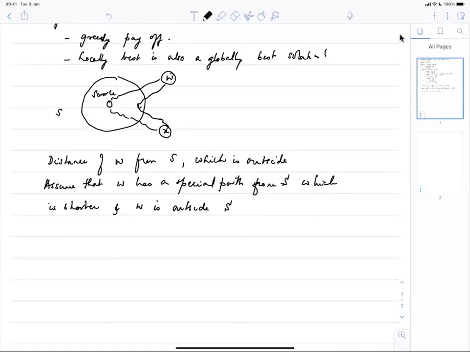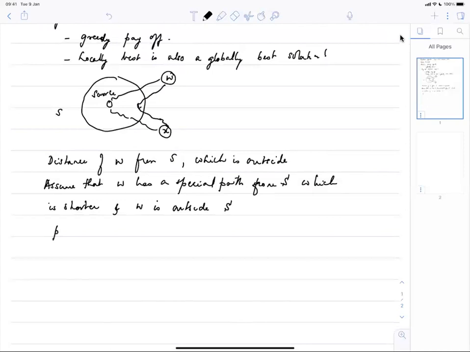Okay. So clearly, what we are saying is that this has a special path from S, which is shorter, and W is outside.